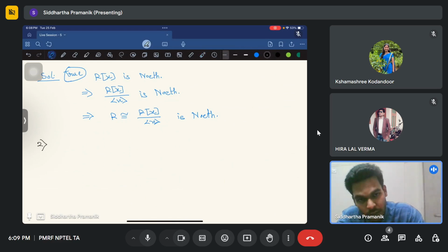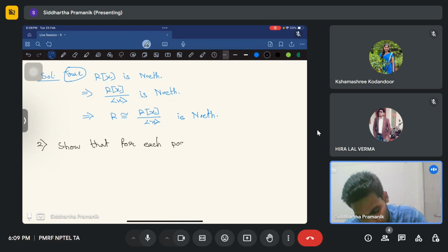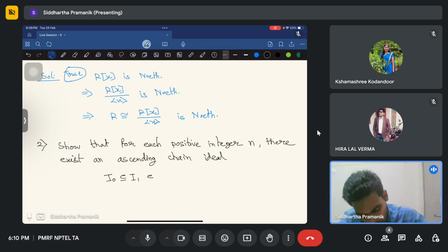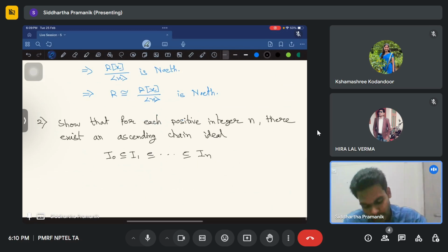But in Z[x] we have one interesting property. Let me write it here: for each positive integer n, there exists an ascending chain of ideals I0, I1, up to In, and this is strictly ascending.